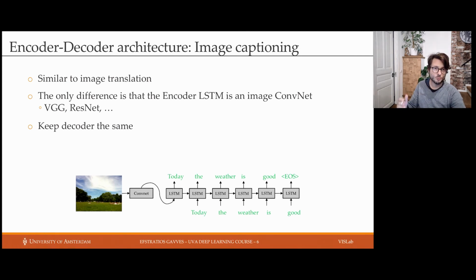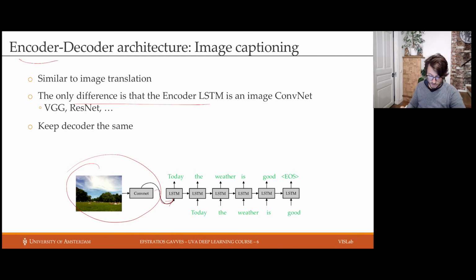What is interesting is that we can generalize this concept such that our encoder doesn't encode sentences anymore. We can also use it to encode pictures. In that case, our encoder is a convnet whose state, for instance the last convolutional layer or the first fully connected layer, whatever, that's a choice, is input to a decoder LSTM, and then the decoder LSTM learns to translate the image.